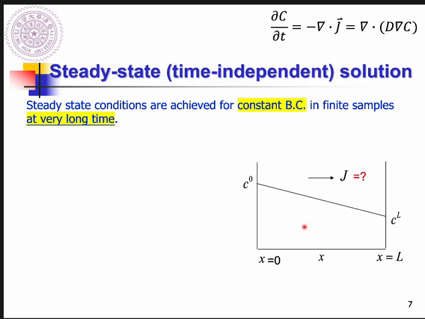So we do have constant boundary conditions. The length of this dialysis tube is L, and we try to measure the concentration profile within it.